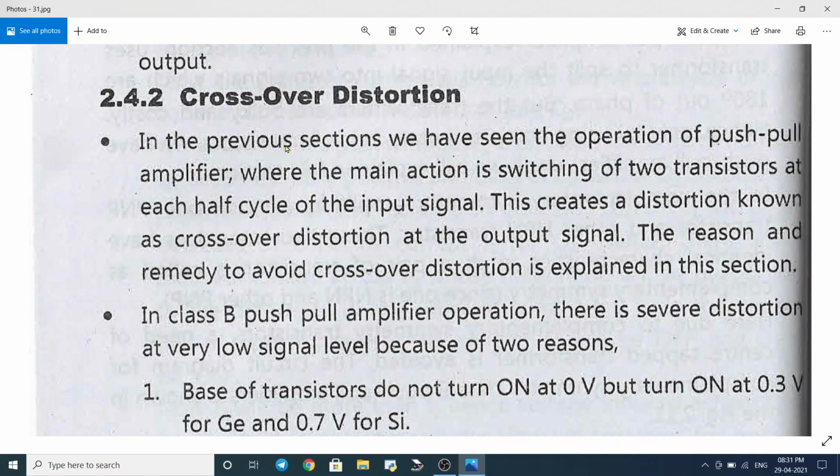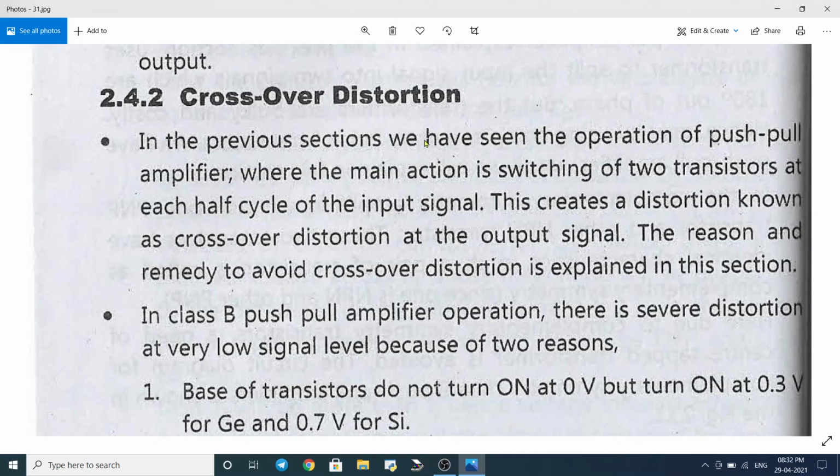In this lecture, we want to see the first point, that is crossover distortion.